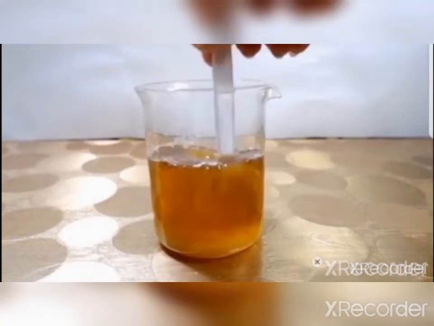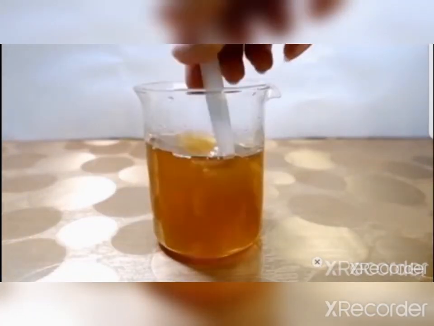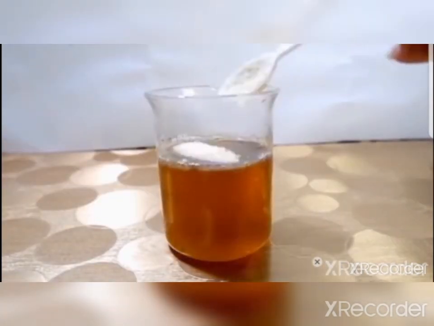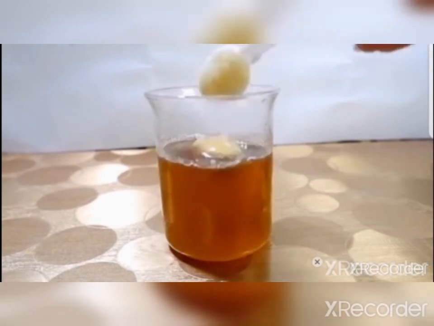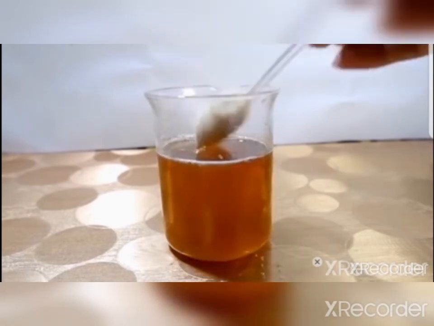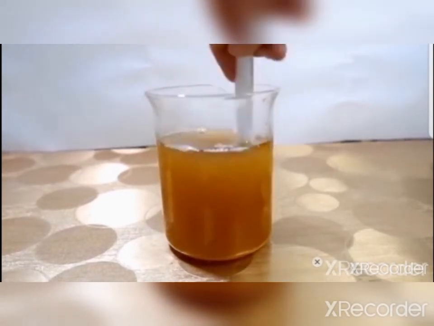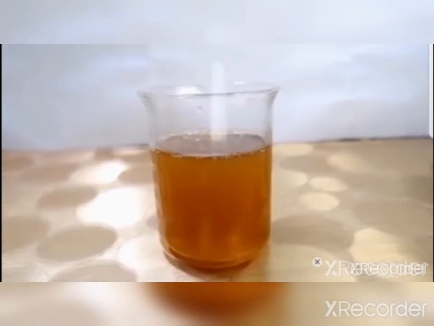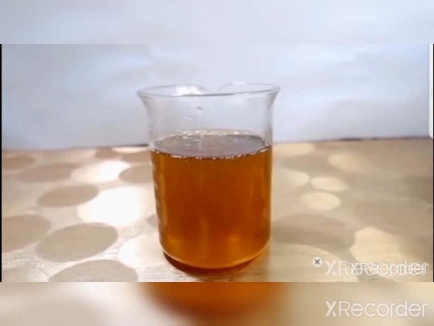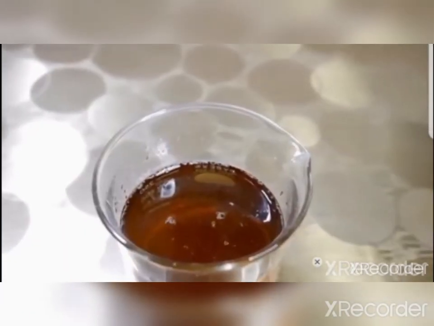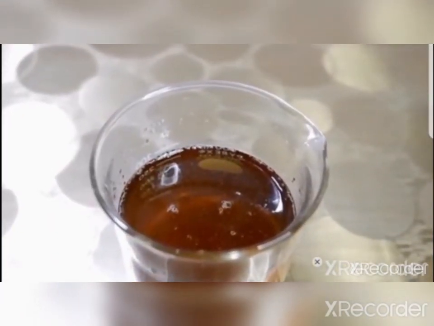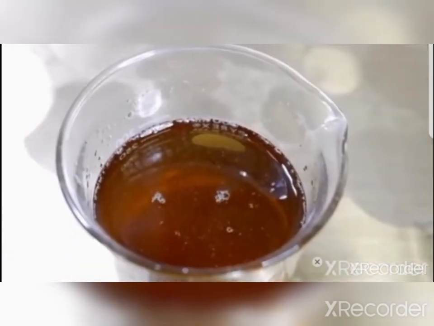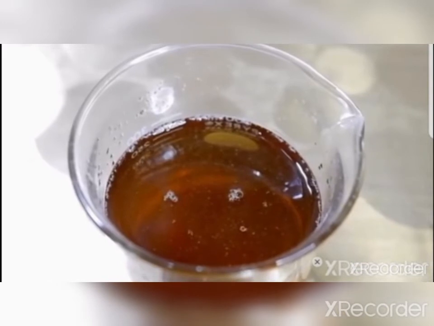Now heat the solution, stir it, add more sugar in it. It will dissolve. Go on adding more sugar and stir it. A stage will come when no more sugar will dissolve and will start settling down at the bottom of the beaker.